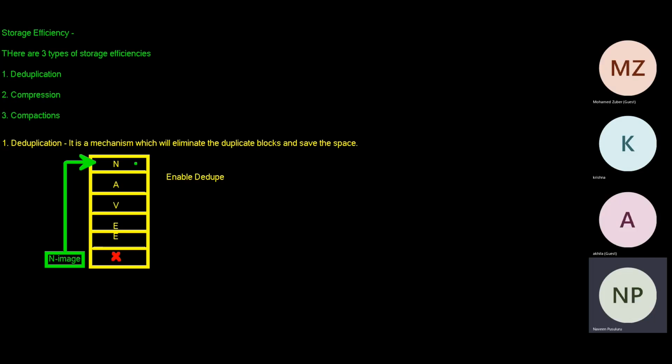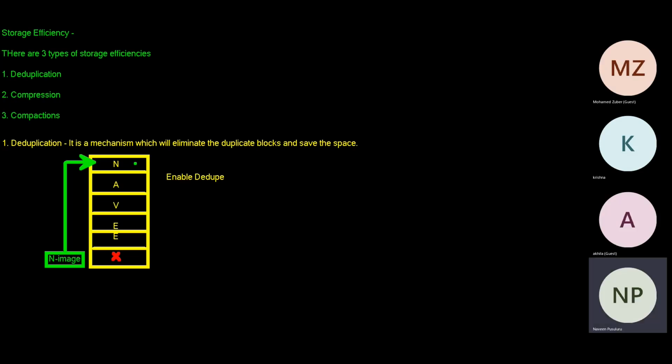For example, let's assume that the size of N is 1 GB. Normally block size won't be like 1 GB, but to make you understand, let's assume that. Earlier the N data consumed 2 GB as it was saved in the volume two times. But now, as part of deduplication, it found two duplicate blocks and deleted one block.